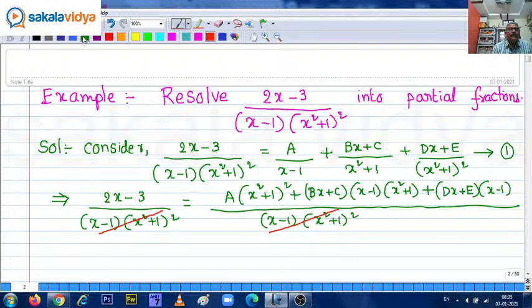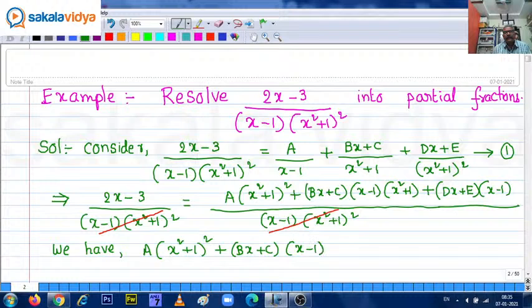So therefore we have a times x square plus 1 whole square plus bx plus c of x minus 1 into x square plus 1 plus dx plus e into x minus 1 equals 2x minus 3.